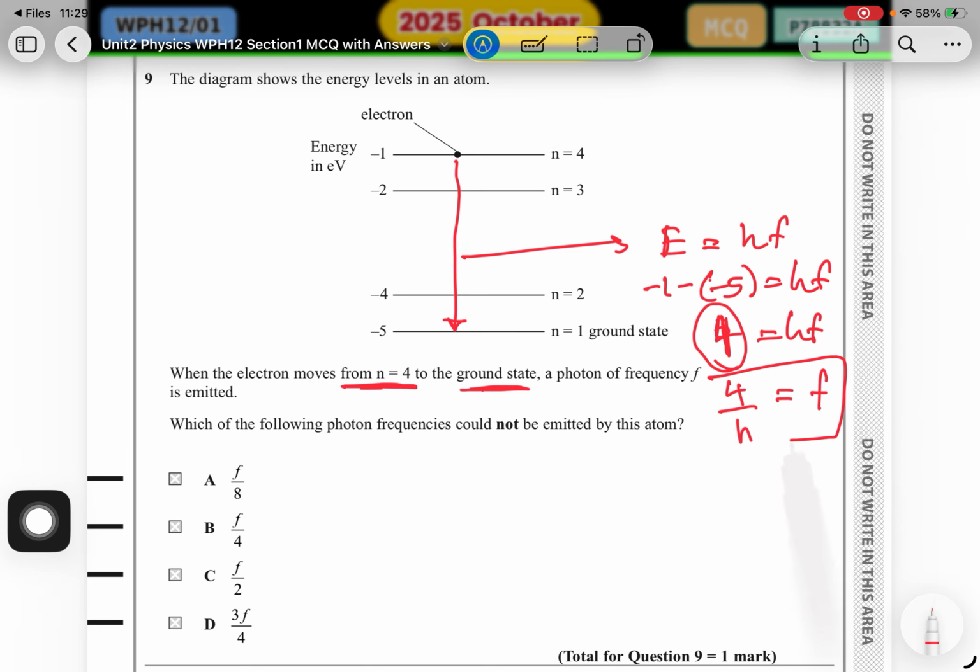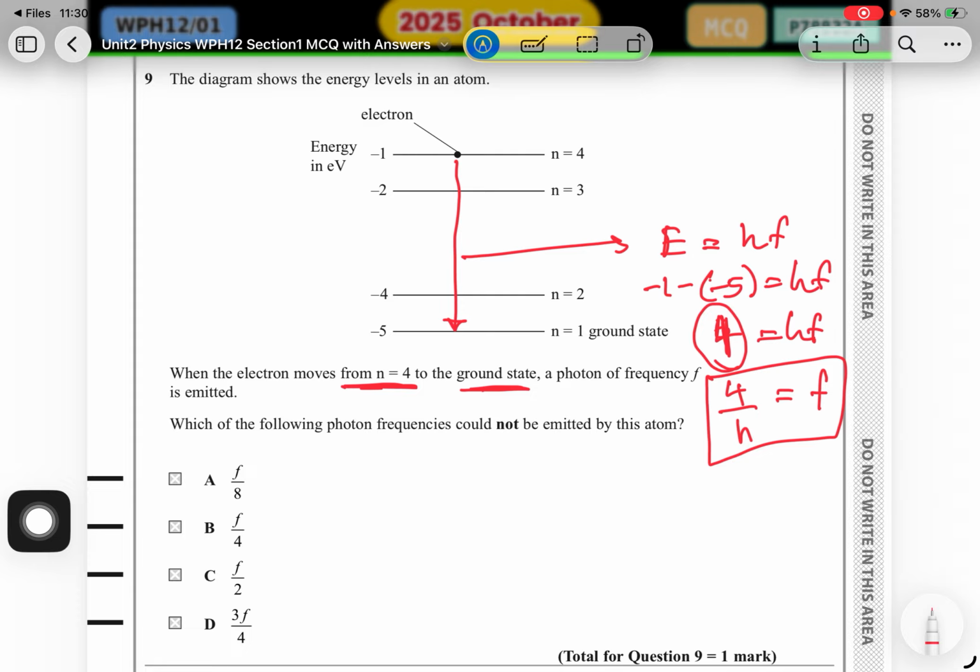Then they're asking which could not be emitted. When we check F divided by 4, F divided by 8 is going to be in each level.